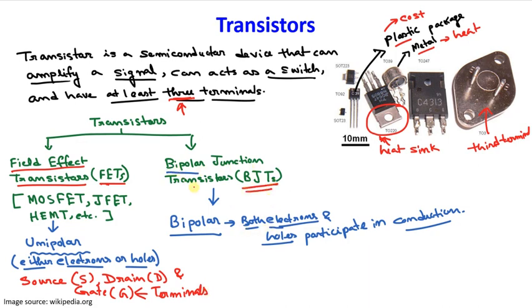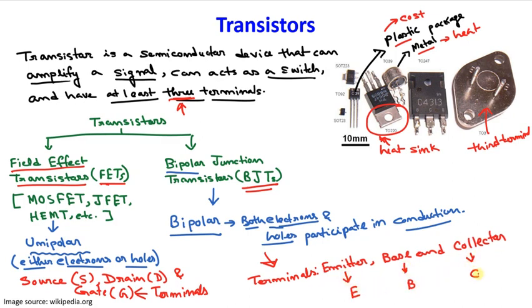However, for BJTs or bipolar junction transistors, the terminals are termed as emitter, in short E, base, in short B, and collector, in short C. So let me write E, B, and C here.